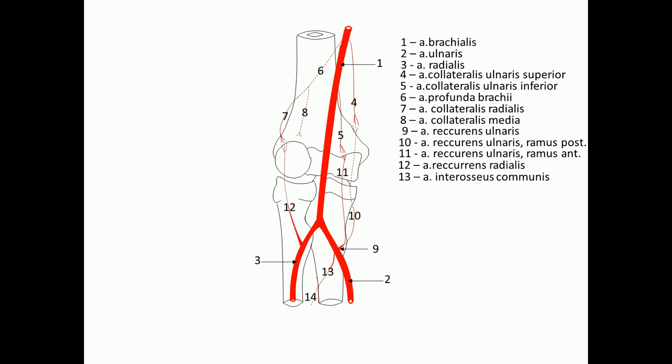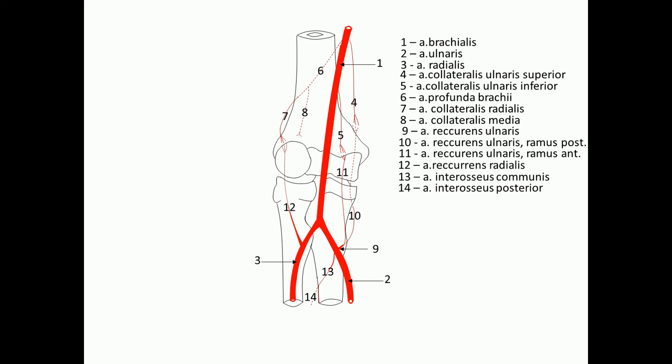To draw it, we should designate number 13 and 14. They are arteria interossea communis and arteria interossea posterior.